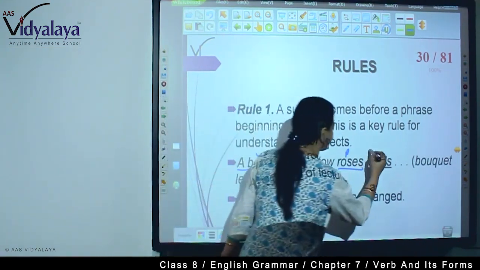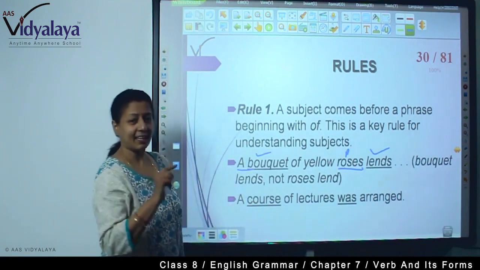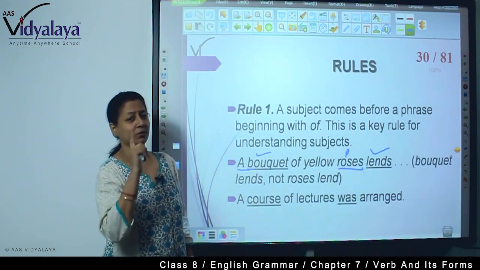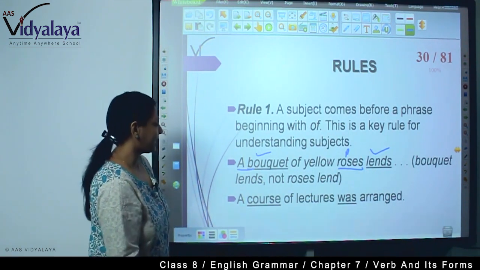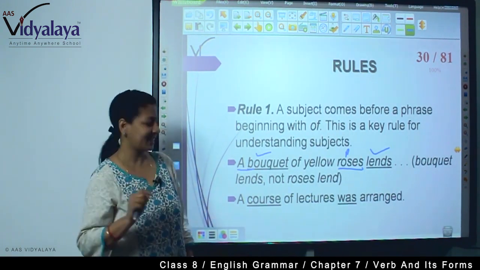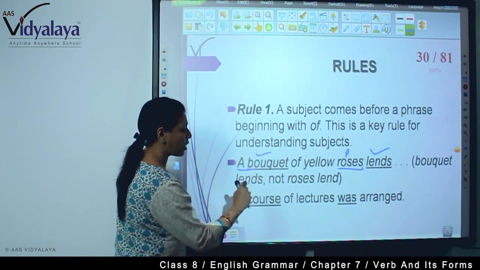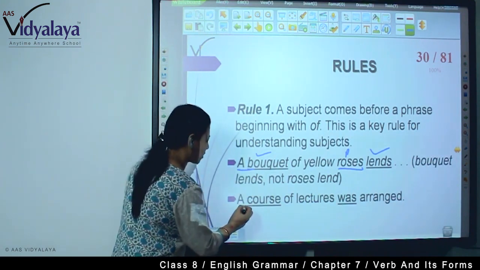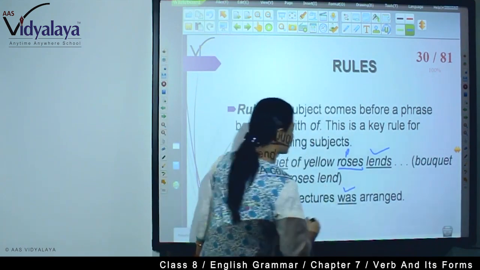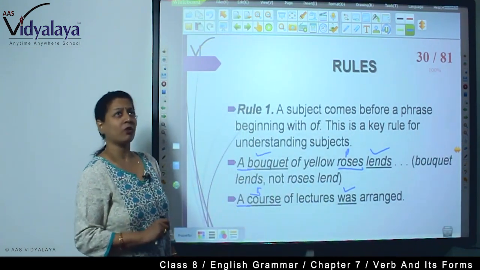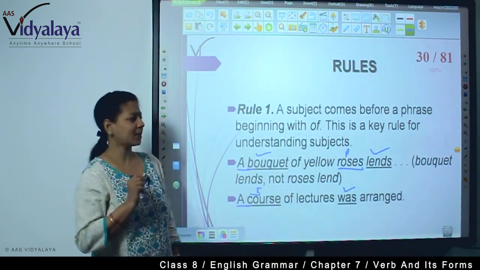So here the verb is lends, L-E-N-D-S, because with singular we use s or es with the verb. Now, bouquet lends, not roses lend. Now, a course of lectures: here a course is your subject and so was is your verb, because course is singular.